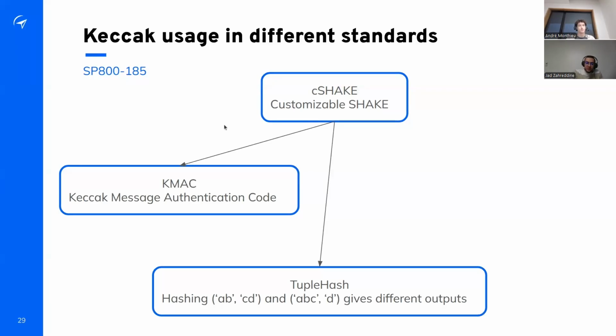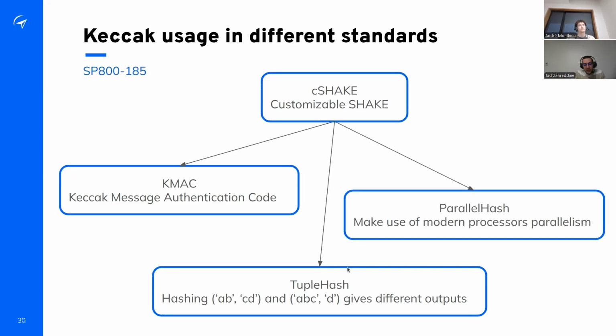So this function is useful if you'd like to hash different tuples of data. For instance, if I would like to hash (AB, CD), the first tuple, but I do not want to use simple concatenation, which would output the same thing if I would hash (ABC, D). Using TupleHash would give us different outputs for each tuple. And finally, the last proposed function is ParallelHash, which makes use of modern processor parallelism in order to enhance the efficiency of Shake and Keccak implementations.